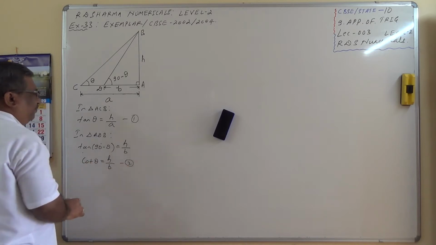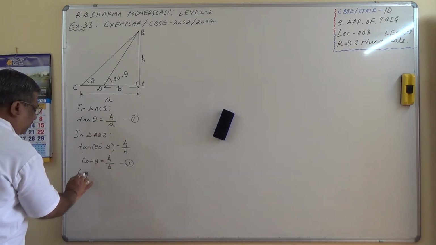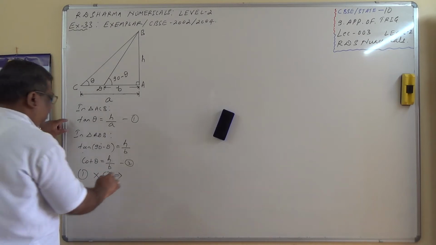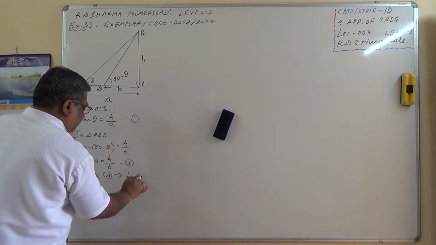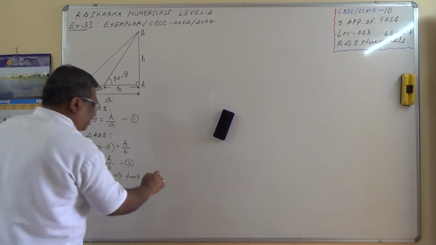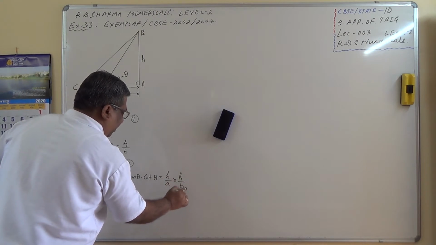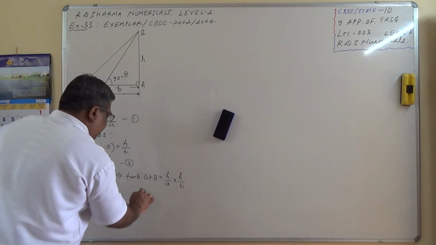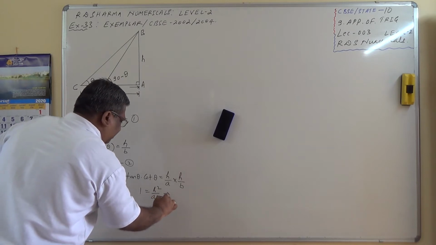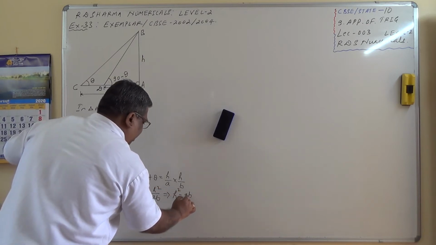This is equation 2. So from 1 and 2, multiplying 1 and 2, tan theta into cot theta equals H by A into H by B. Tan into cot is 1, which equals H squared by AB, so H squared equals AB.